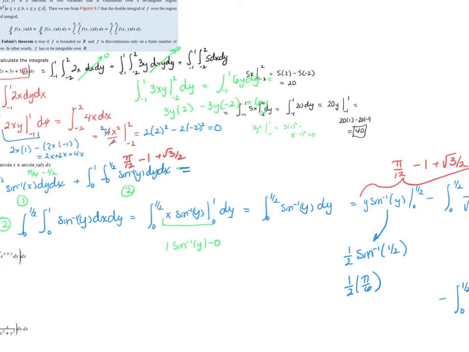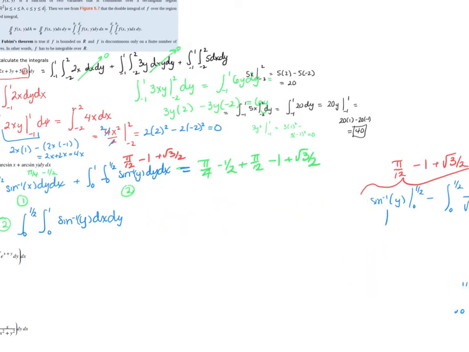This equals pi/4 minus 1/2, and then plus pi/12 minus 1 plus the square root of 3 over 2. Give myself some space, clean this up. So all of this work to say, I have pi/4, so with the same common denominator, 3 pi/12 plus pi/12.